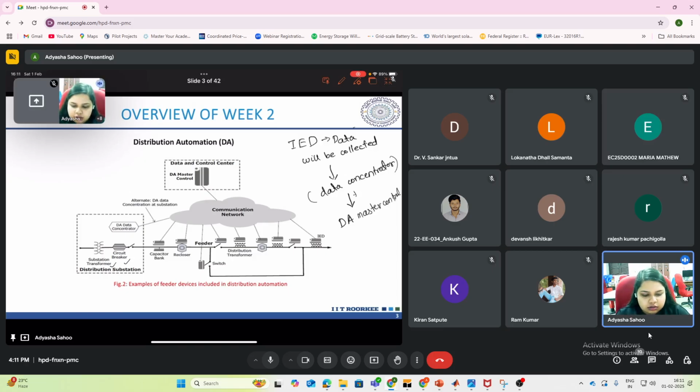Then at the distribution automation master control station, using these data from the field, it will analyze or monitor the situation, and if it requires to take any control actions, those will be communicated back to the substation, again through these data concentrators.